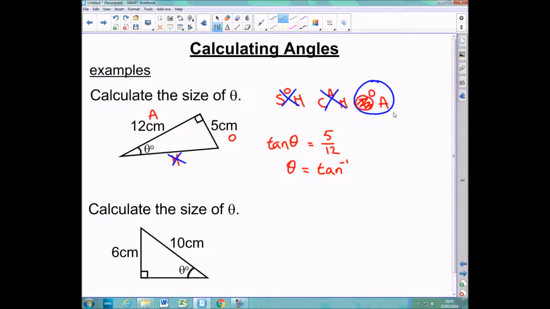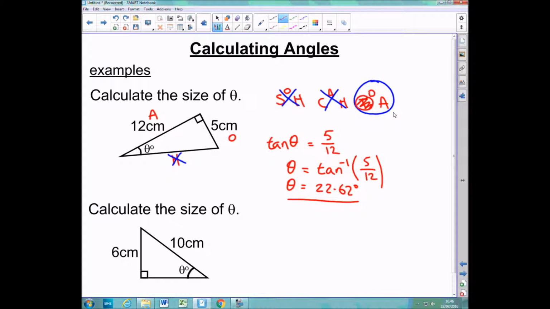I've got to do tan minus 1, which we just talked about on our calculator. So you're going to push shift tan to get this tan minus 1. Then I'm going to do 5 divided by 12. You can either do that using your fraction button, or you can just write 5 divided by 12. And then using our calculator, rounding to 2 decimal places, we get theta equaling 22.62 degrees.